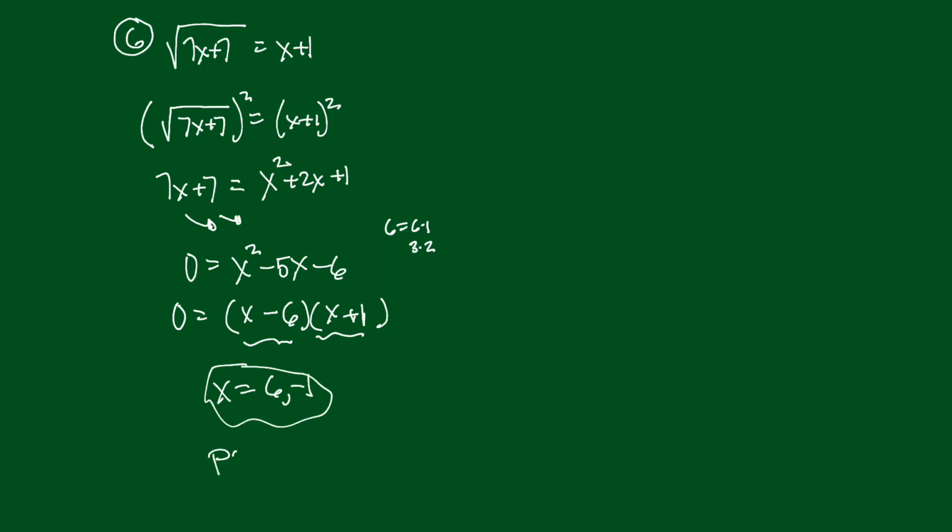Now these are potential solutions. So we have to check them both. So how about this? First of all, what about if x is equal to 6? Okay, try that. Then what happens? Well, take the 6, put it back into the original equation here and here. So it'll look like this.